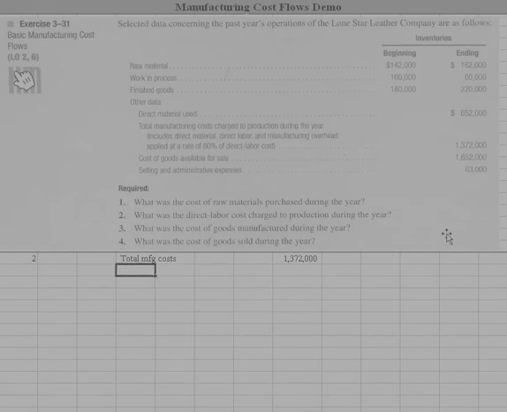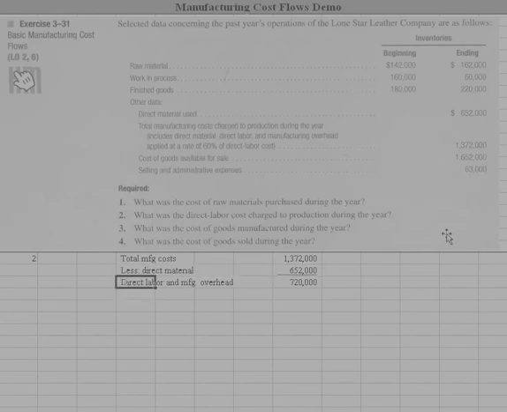And we know that less direct material was equal to the 652, because they give that in the problem. So what's left is direct labor and manufacturing overhead. If we take the 1,372,000 less the 652,000, we've got 720,000.